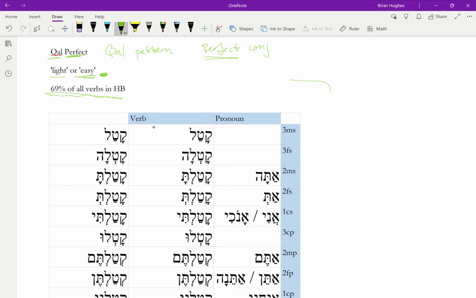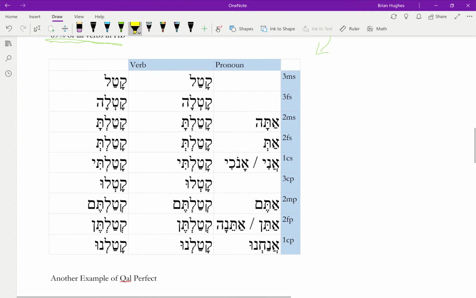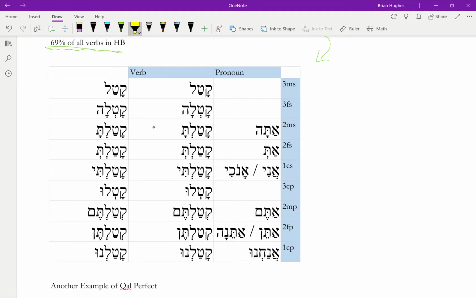So here we have the Qal perfect paradigm. And I reviewed for you, we learned the vocab for pronouns, and we reviewed it the lesson after, and then last lesson we went over it again, and I said, hey, this is going to be really helpful when we learn our verbs, and you're about to see why.